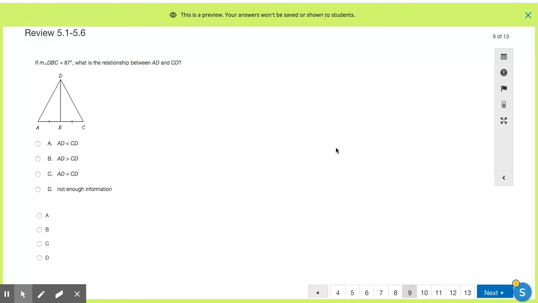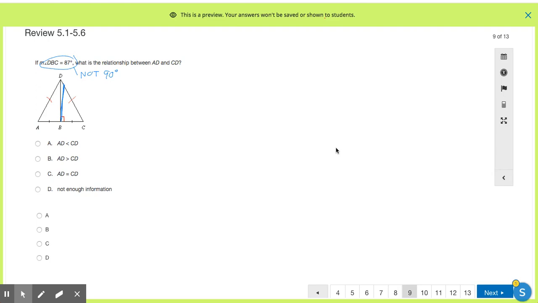Yeah, so remember, the theorem says that if this is a perpendicular bisector, then these are congruent. Since it's not perpendicular, that means DBC is only 87, which means this side is leaning this way just a little bit.